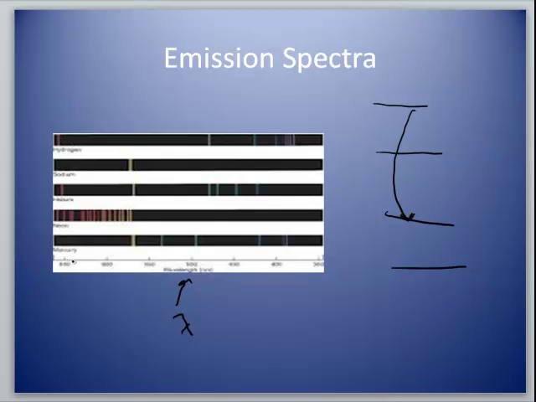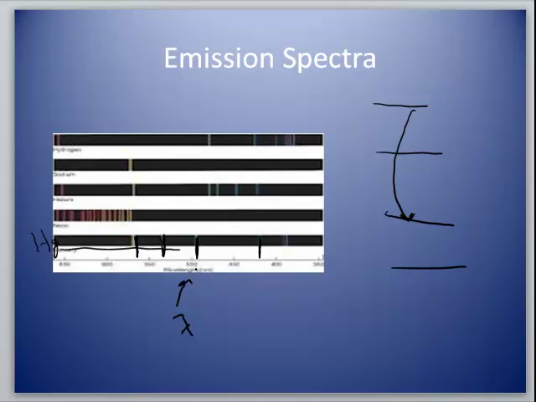So for example, what this spectrum here represents is a specific atom, and in this case it's mercury. So when its electrons fall down, it's going to release energy of certain wavelengths of light corresponding to that wavelength, that wavelength, that wavelength, and that wavelength.